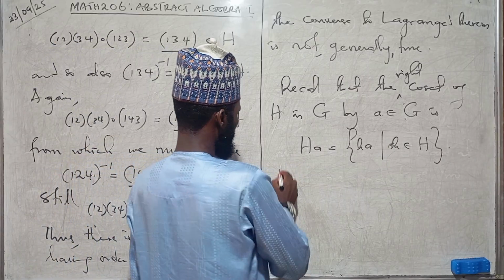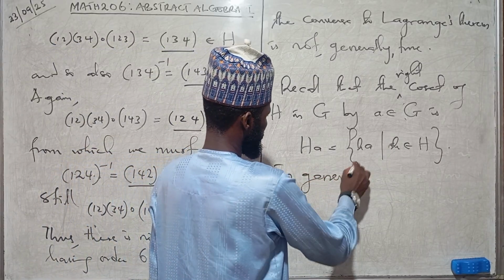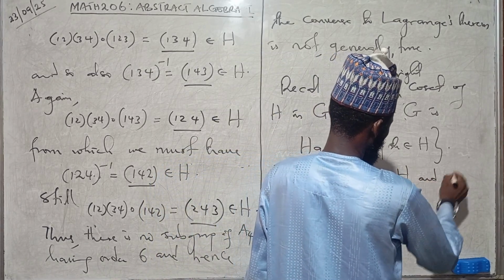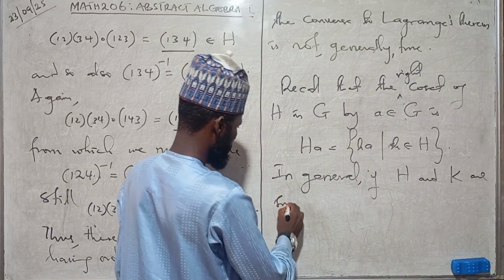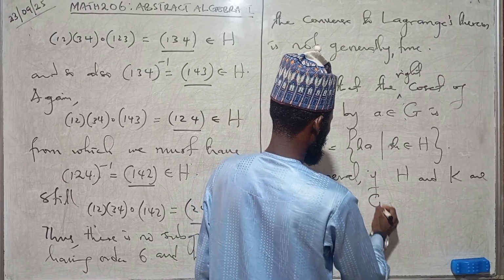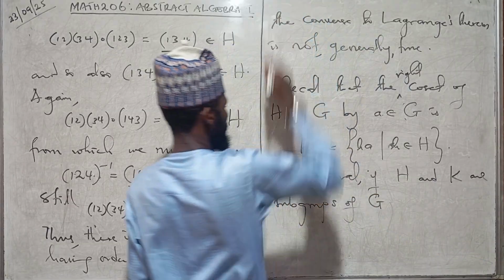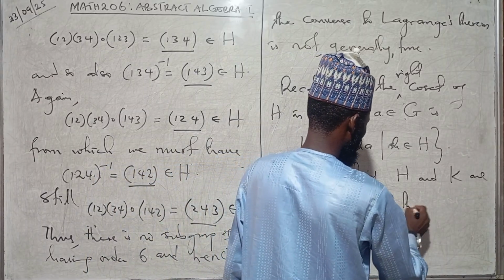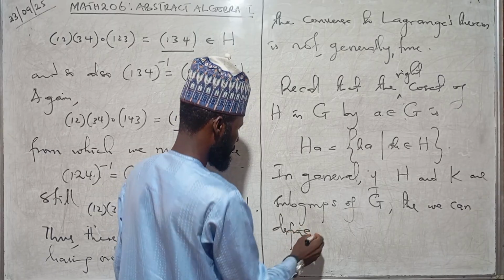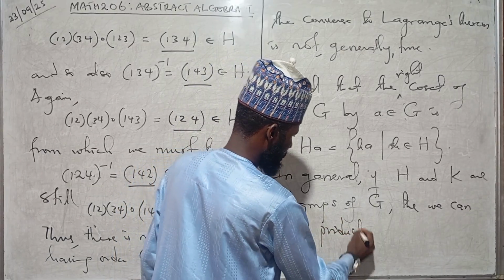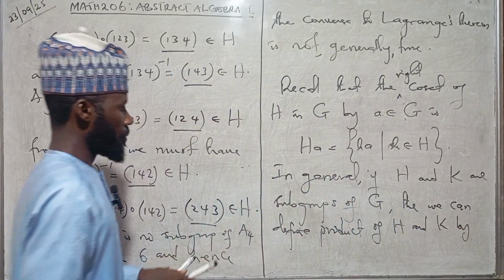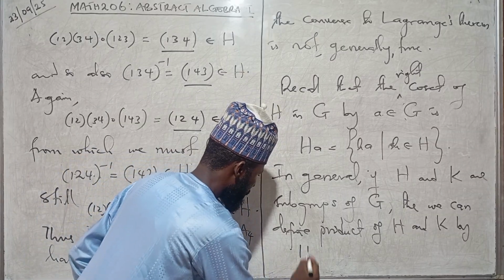So for example, in general, if H and K are subgroups of the group G, so G is always a group for us, then we can define the product of H and K by HK.